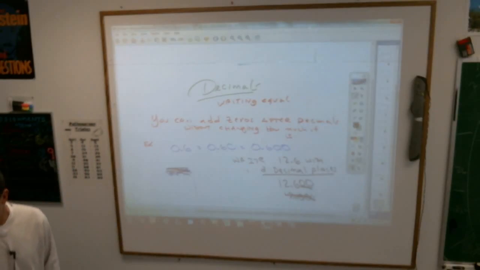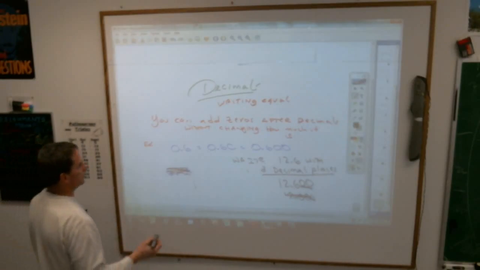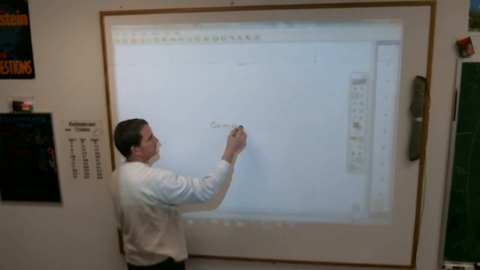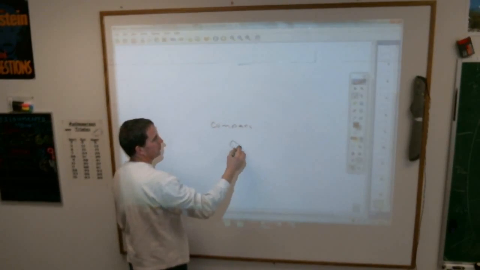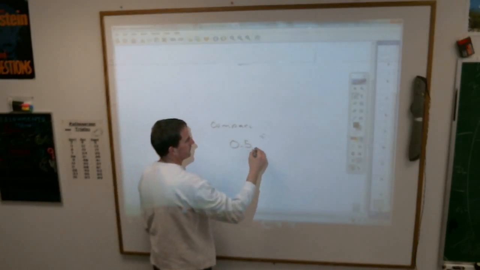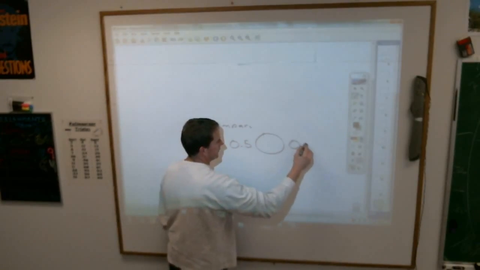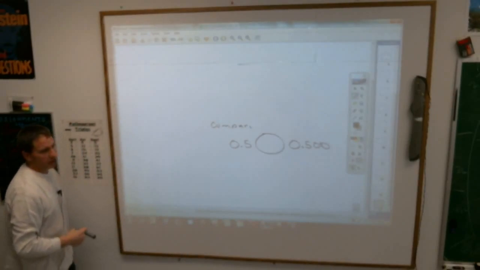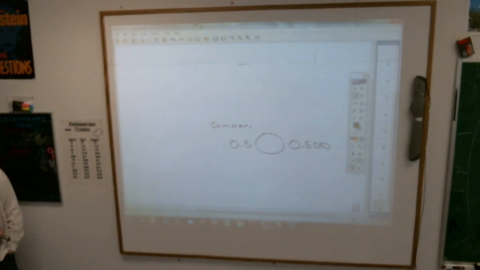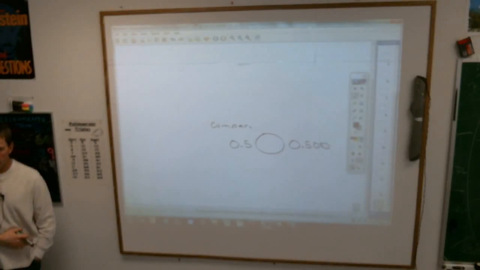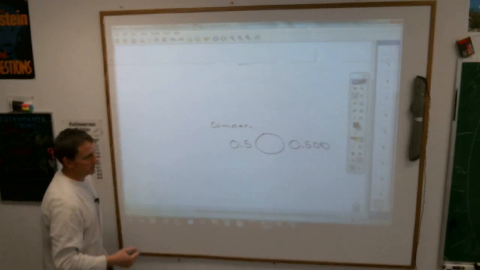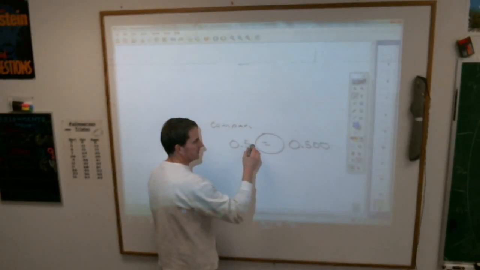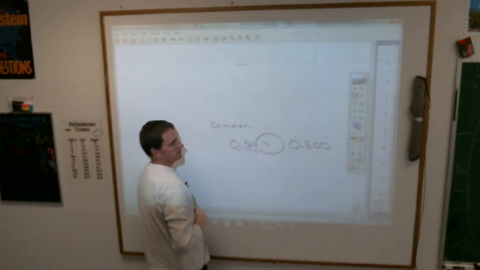And they'll do things like this. They will make sure you understand that because they'll give you, if you compare 0.5 compared to 0.500, which one is bigger? How do those compare, Zach? Equal. They are equal. For the very reason we just talked about, you can always add zeros after this and not change it.